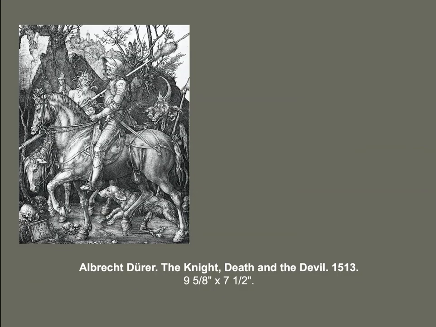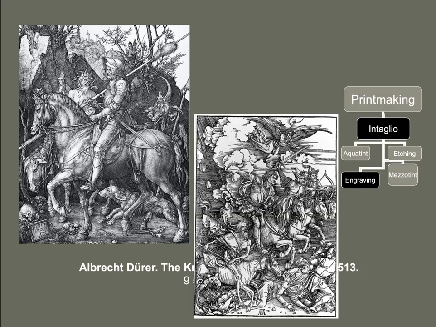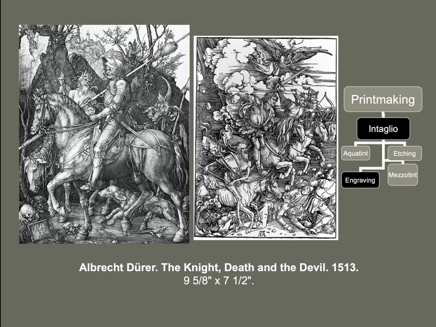So this is another piece by Dürer, The Knight, Death, and the Devil from 1513. I just wanted to compare it to the earlier image that we saw, which was the woodcut. You can see how much different an engraving is and how fine the detail you can get.